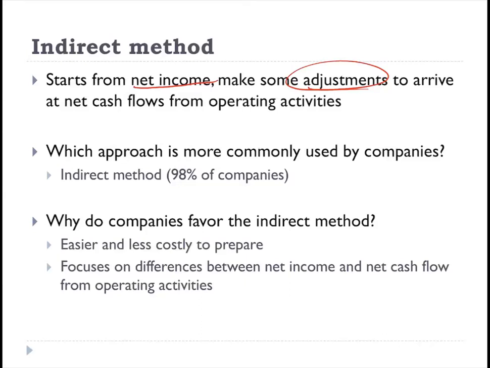The firm is going to have a lot of transactions during the period, and we need to go through all of those transactions and classify them according to the nature of those transactions. So that is usually more costly. Versus the indirect method is usually easier and less costly. And also it provides us with a reconciliation between the firm's net income and cash flow from operations, which is sometimes very useful.